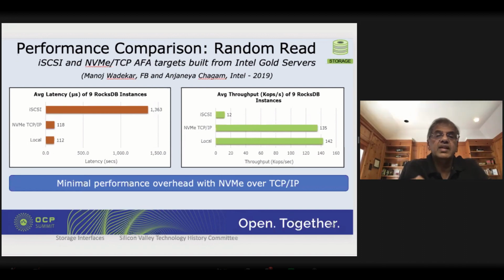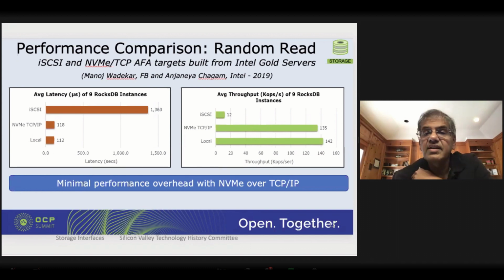On the left side is latency. You can see that the latency of NVMe over TCP is very close to having local SSDs. So you're going over a network, over TCP, to a remote controller with SSDs, and yet the latency is so close to that of local storage. It's about 1/10 that of iSCSI.